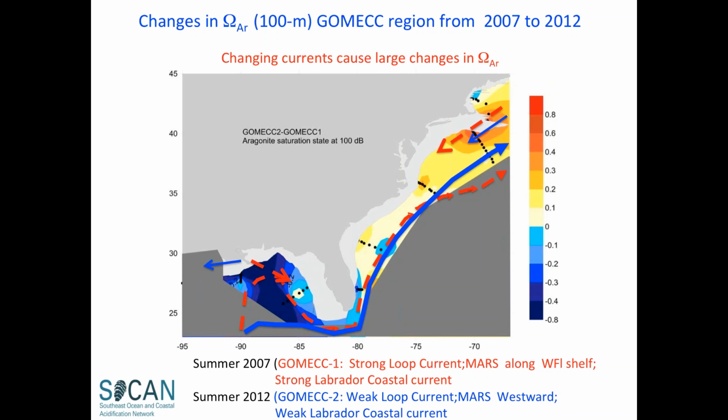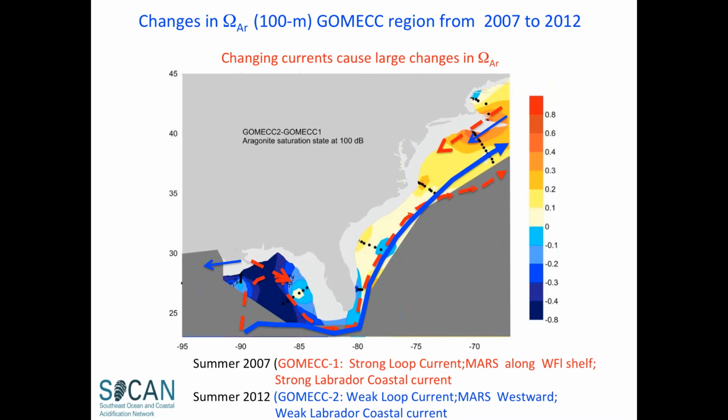In the Gulf of Mexico, the position of the loop current, which goes from the surface down to well below 1,000 meters, has a determining influence. These effects don't have a primary influence on the saturation states in the South Atlantic Bight, but we do see small effects from this sort of seesawing of the current patterns.